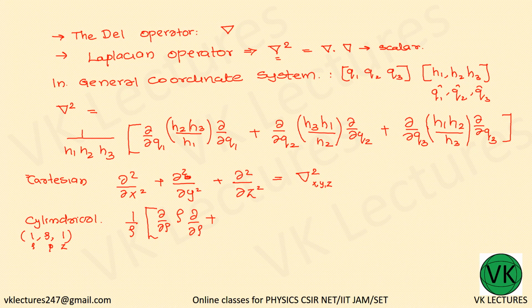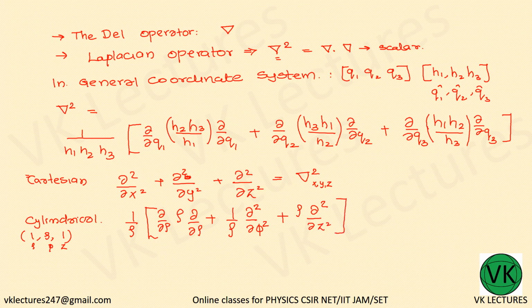With h3, h1 and h2 in the denominator, it becomes 1 by rho, sorry, it's dou square by dou phi square, because here again you have dou by dou phi, and 1 by rho you can take it out because with respect to phi, rho is constant. Plus now you have h1, h2 and h3 here, so rho you can take it out, it becomes dou square by dou z square.